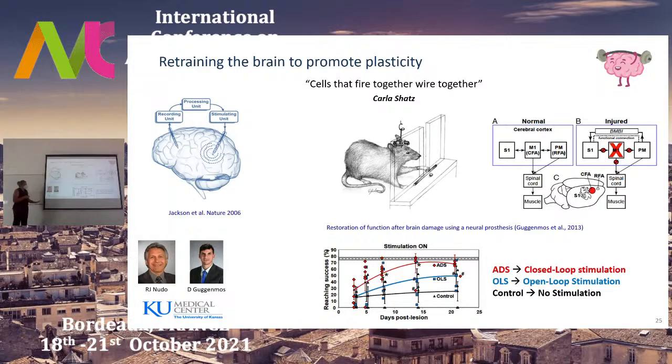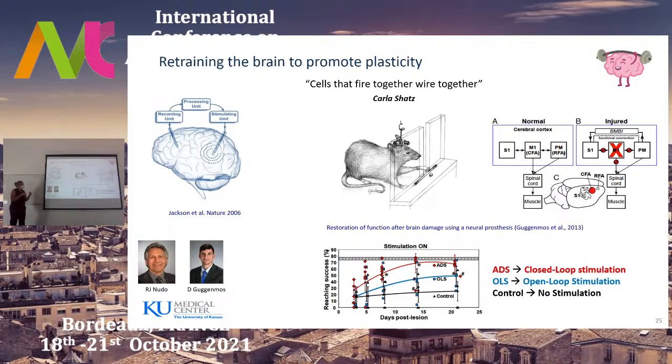So why are we interested in this type of activity? Because actually what can be noticed in this experiment is that every time that the stimulation stops, the rat goes back to the condition before. So there is no retention of the performances. So this is an indication that maybe something in the design should be changed.